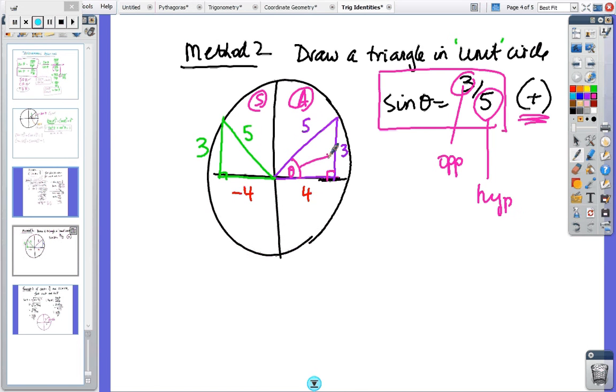So there's my 3/5. And then use Pythagoras. You get a 3, 4, 5 triad. And so your cos theta, in the first quadrant, cos theta is 4/5 and tan theta is opposite over adjacent. So that's why you get the first answers.